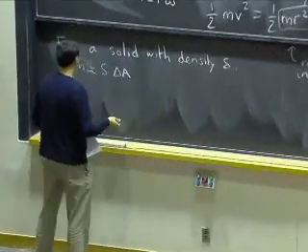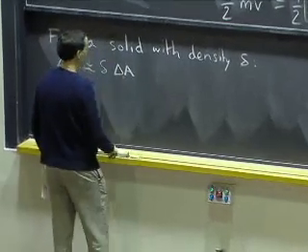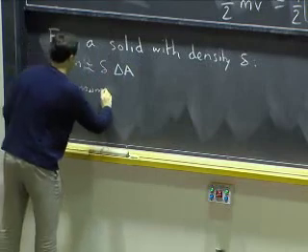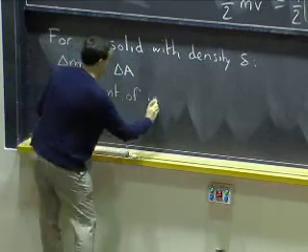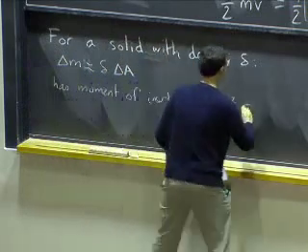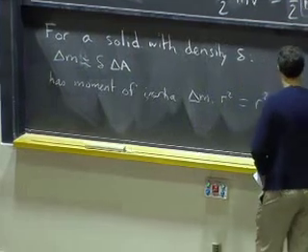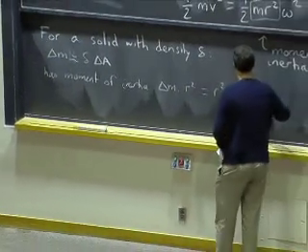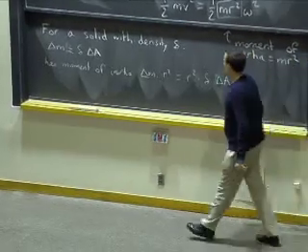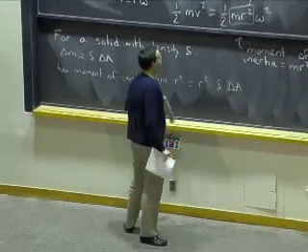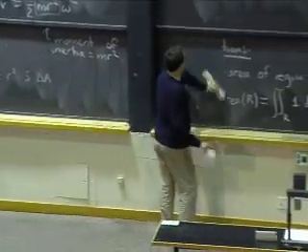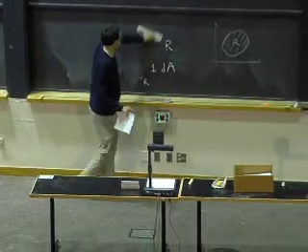So that is r squared times the density times delta A. And I will be summing these things together. And so the moment of inertia about the origin will be the double integral of r squared times density times dA.